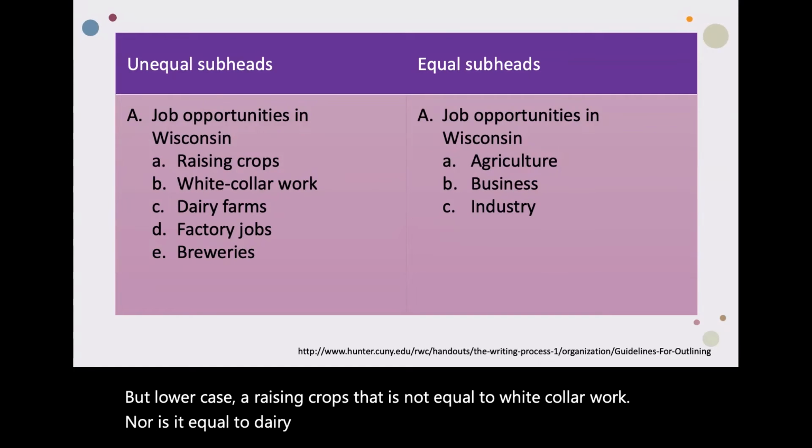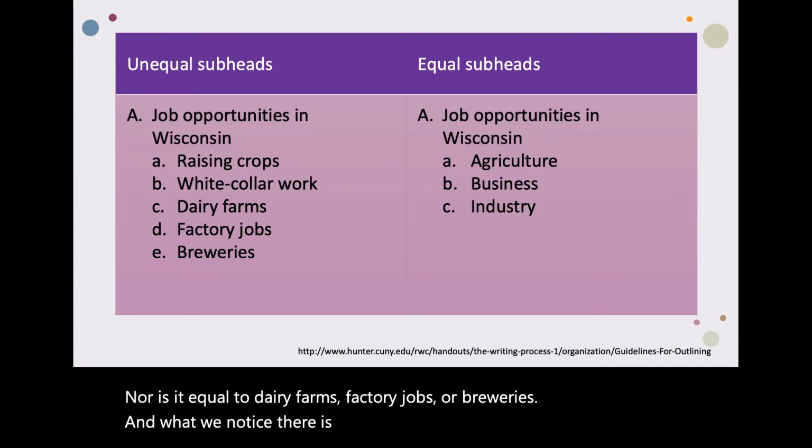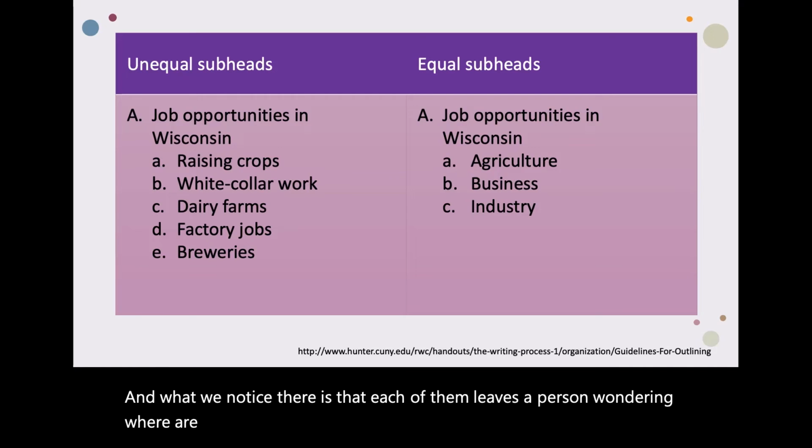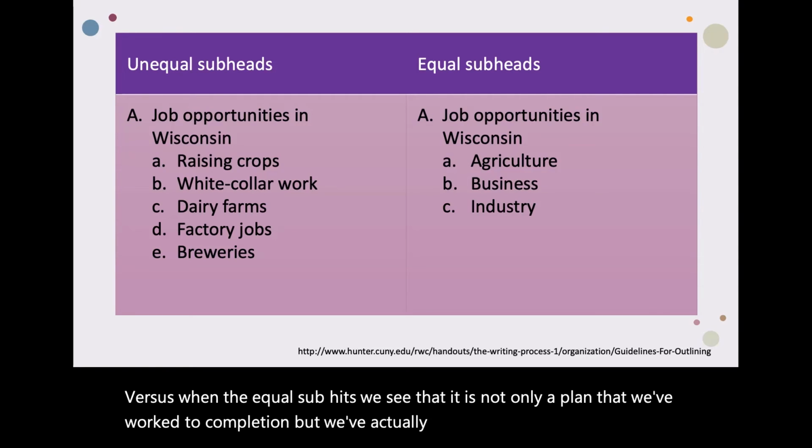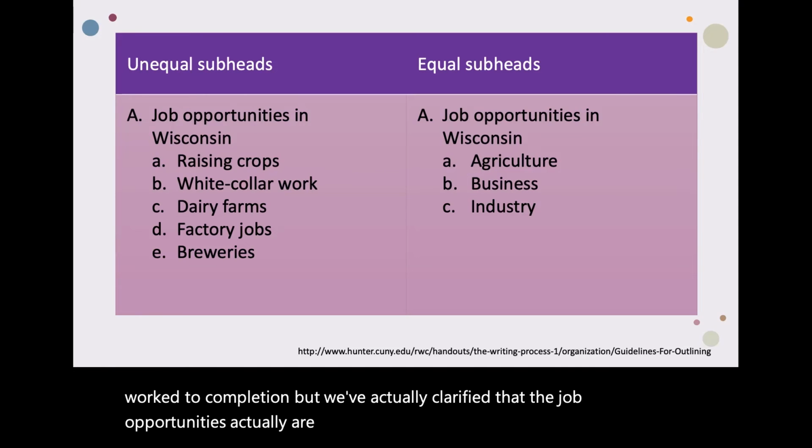factory jobs, or breweries. And what we notice there is that each of them leaves a person wondering, where are the job opportunities? Versus on the equal subheads, we see that it is not only a plan that we've worked to completion, but we've actually clarified that the job opportunities actually are in different sectors of work.